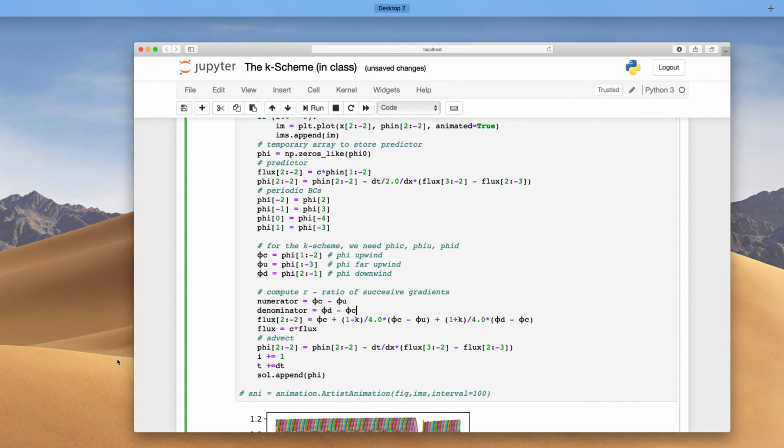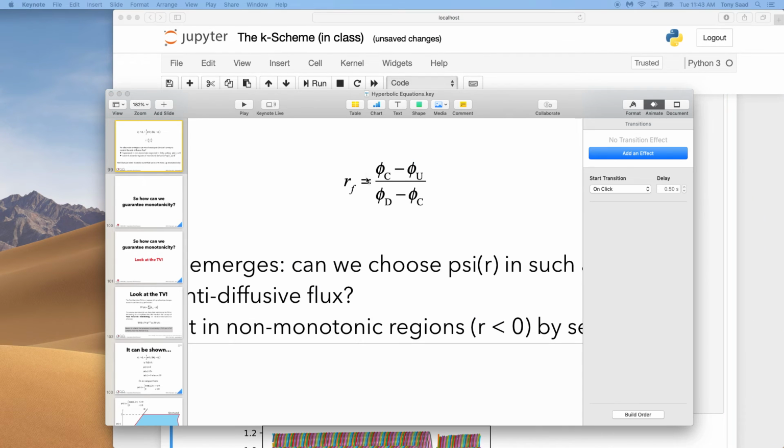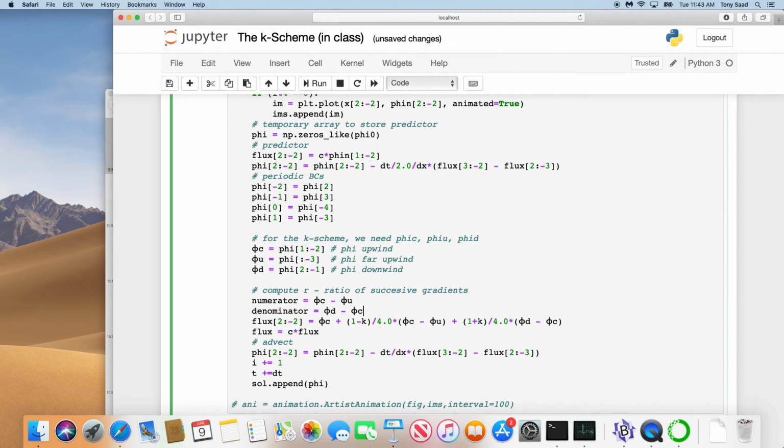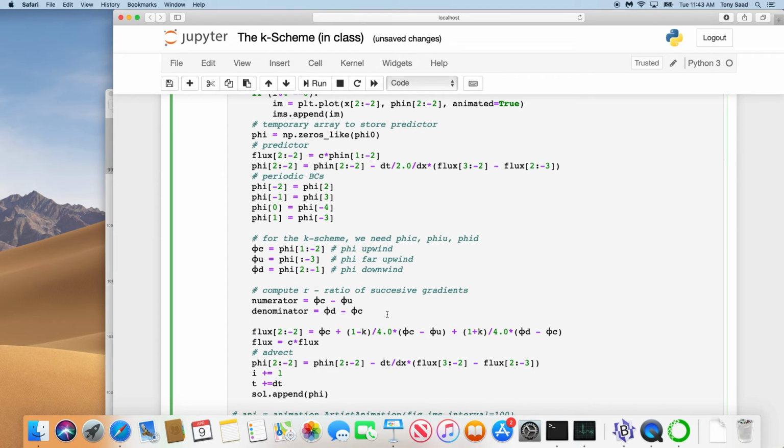So now I'm going to find all the locations where the denominator is not 0, essentially, or is greater than a certain tolerance.